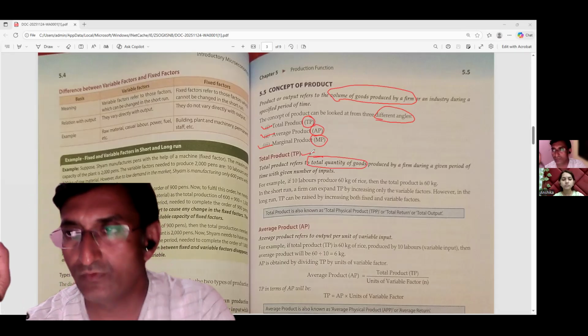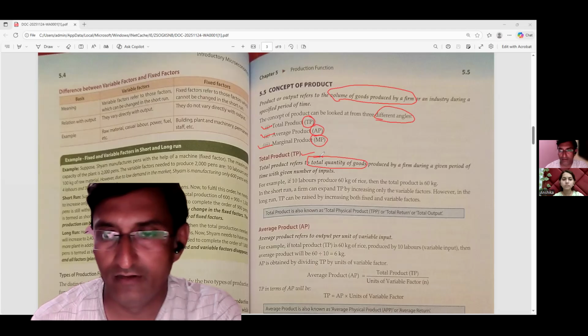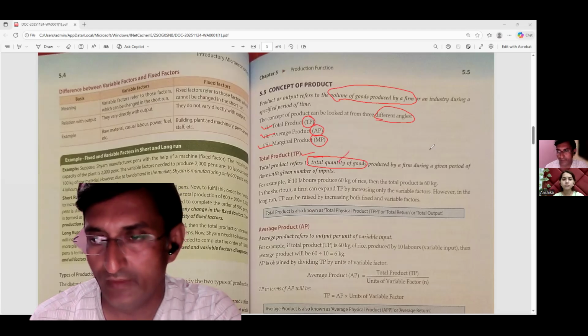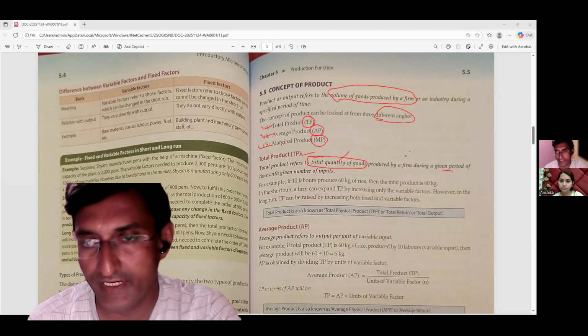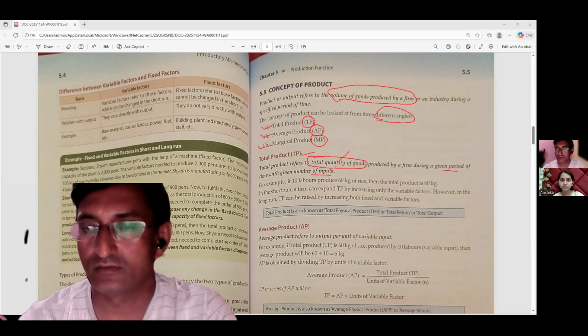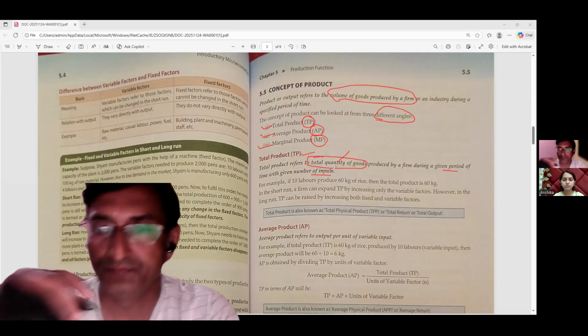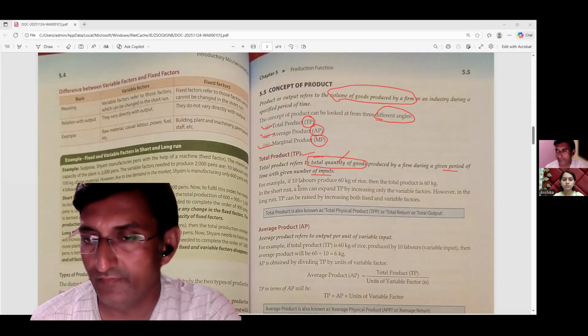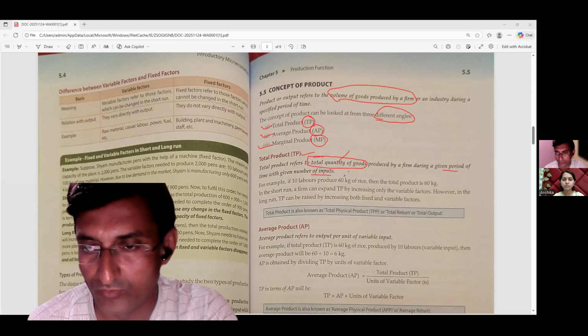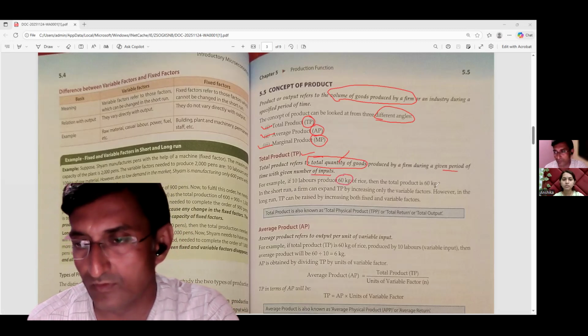Remember, you can keep in mind just three to four points: total quantity, given period, and given number of inputs.